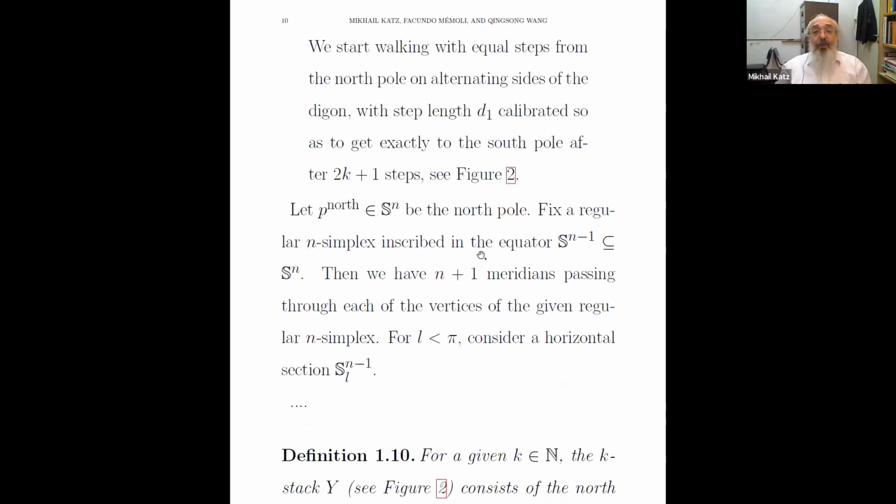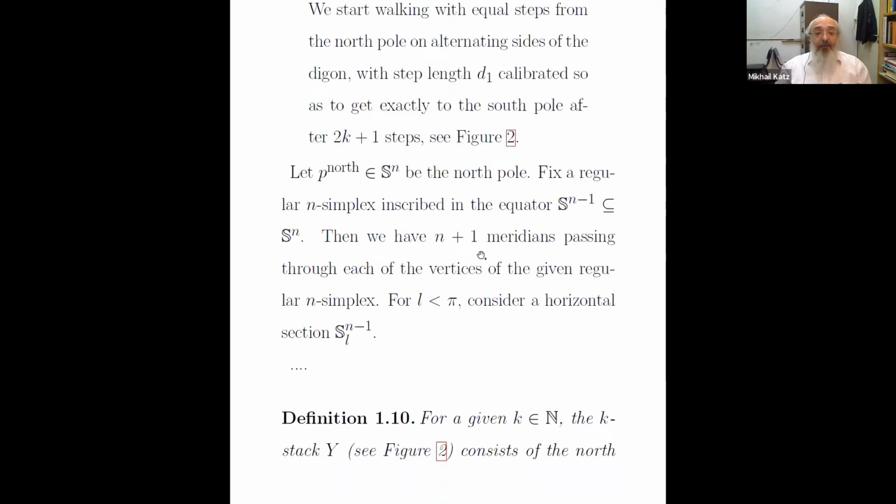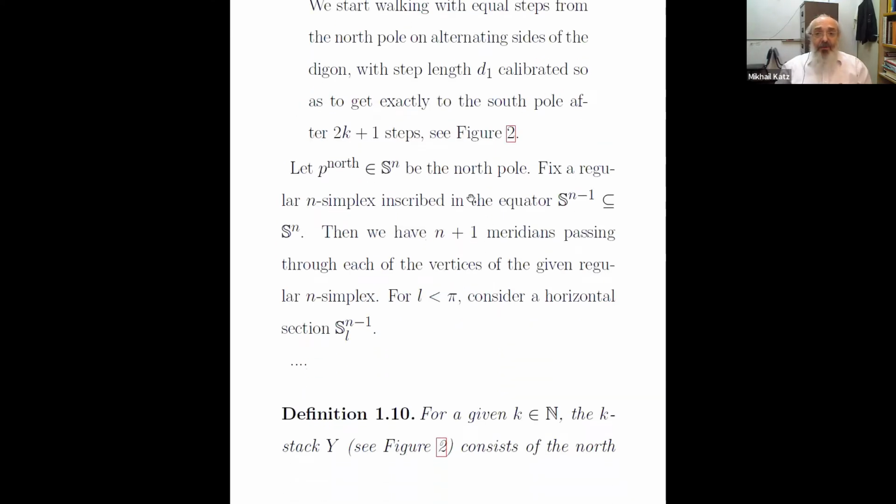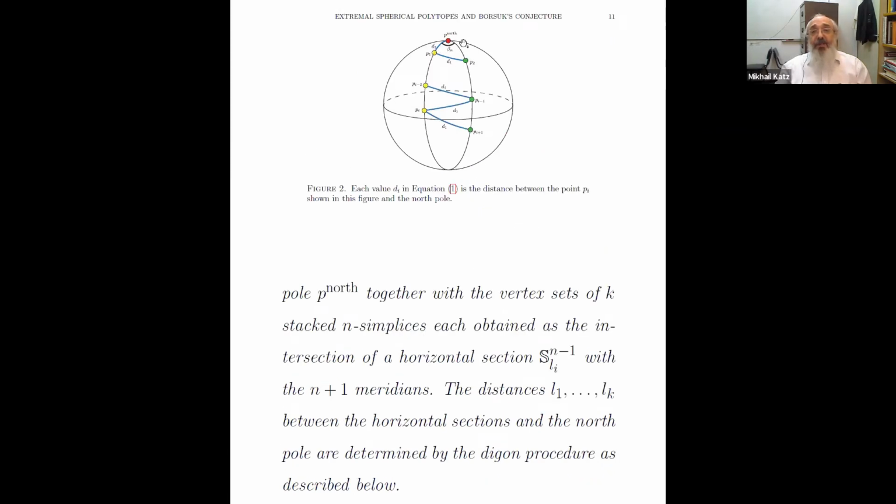So what are the interesting properties? It's a little technical here. Basically, you start walking on the alternating sides of this digon until you get to the South Pole. You calibrate your distance so you get to the South Pole after a finite, odd number of steps.